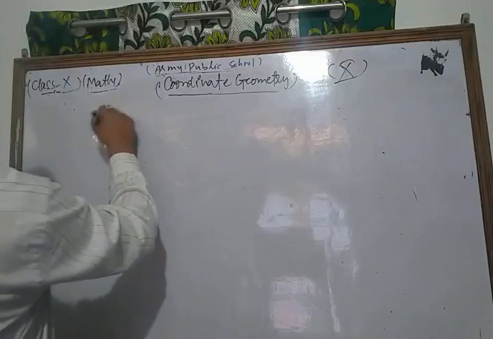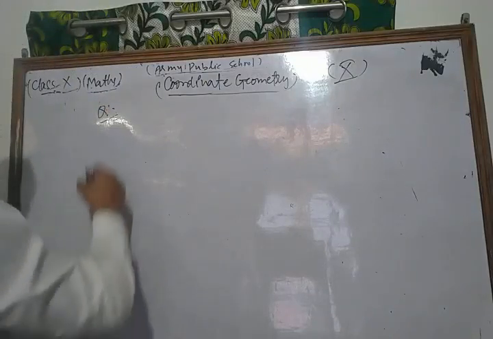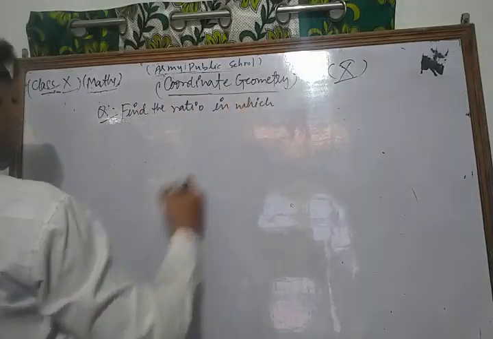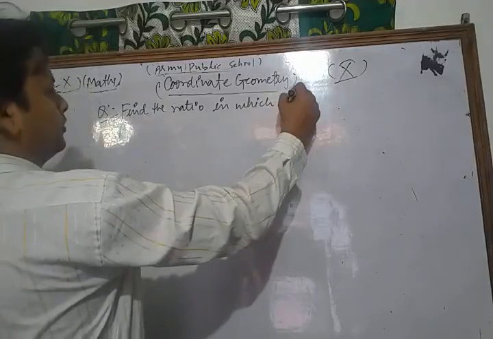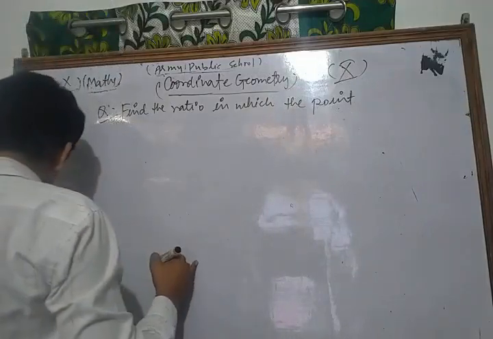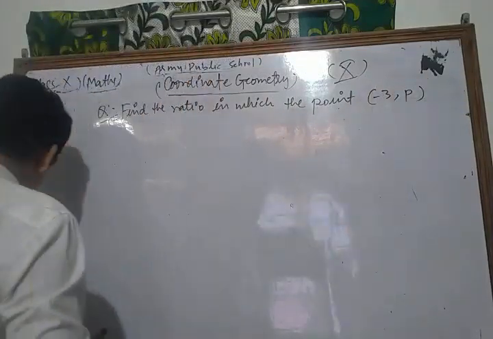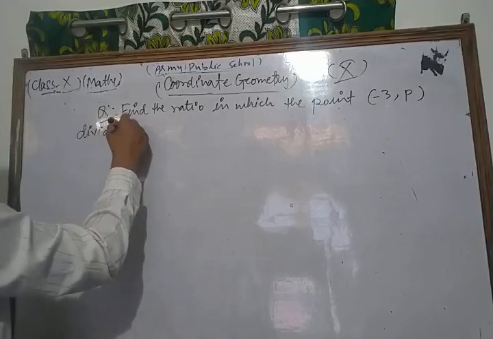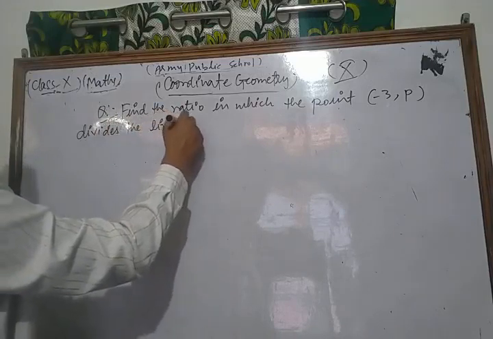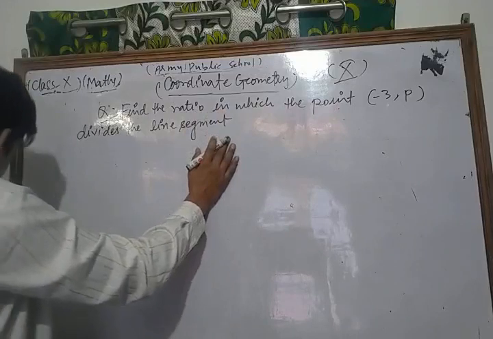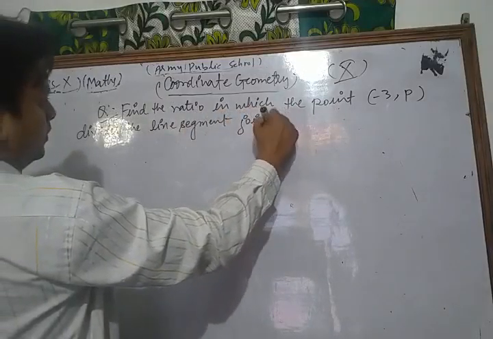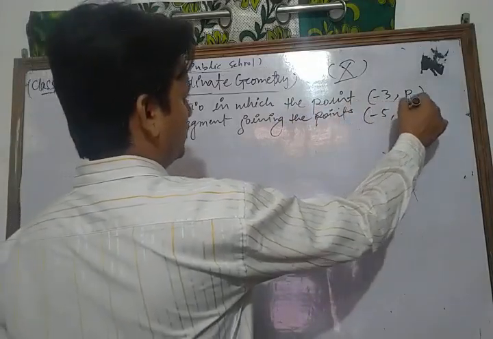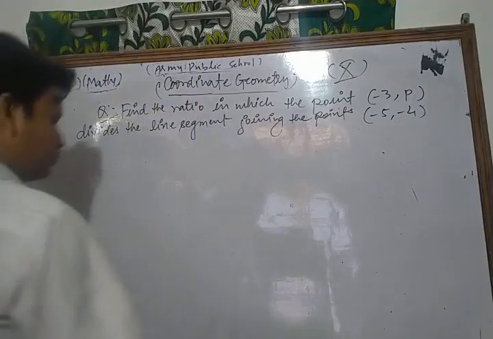Now let's see the question, and your question is, find the ratio in which the point (-3, p) divides the line segment joining the points (-5, -4) and (-2, 3).